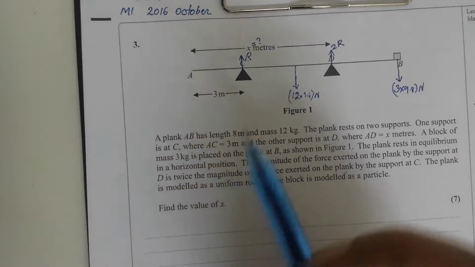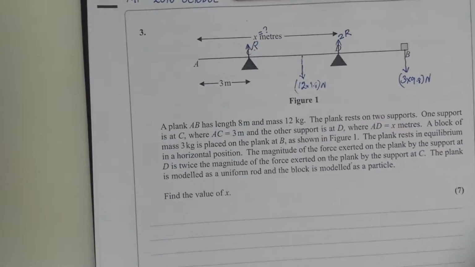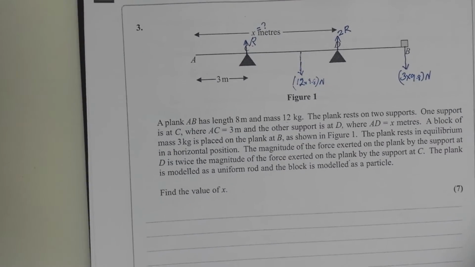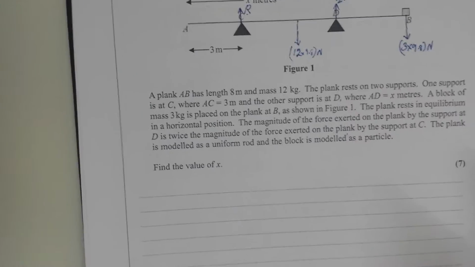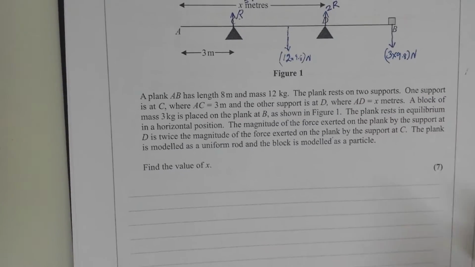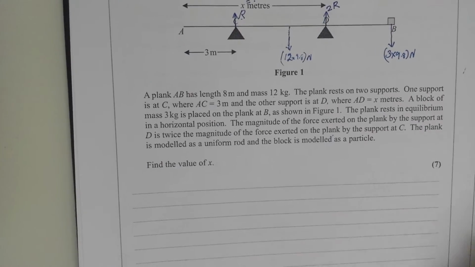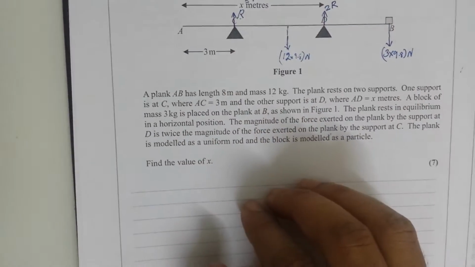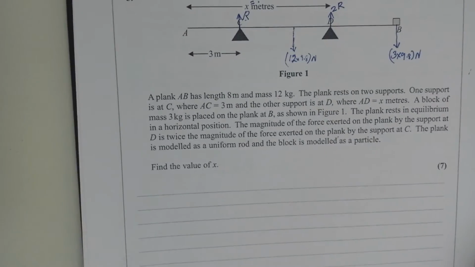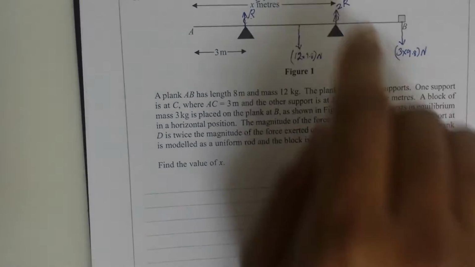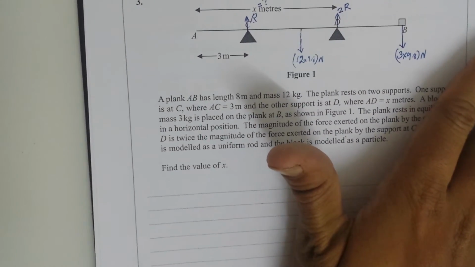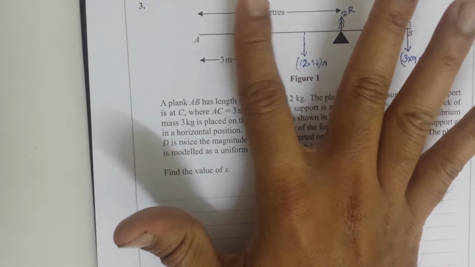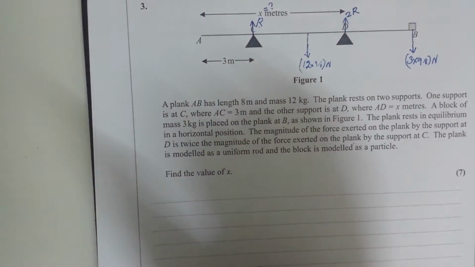about these supports. Two conditions are there for a rotating system to be in equilibrium. Here the total forces acting down must be equal to total forces acting up. That is one condition. Another one, total clockwise moment about a pivot is equal to total anti-clockwise moment about the same pivot.